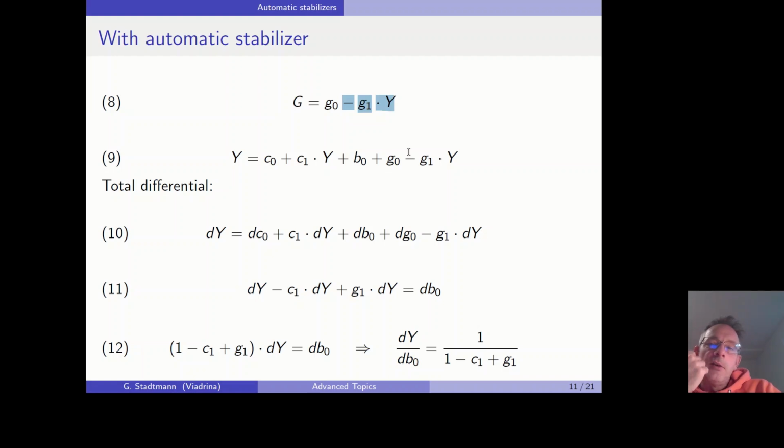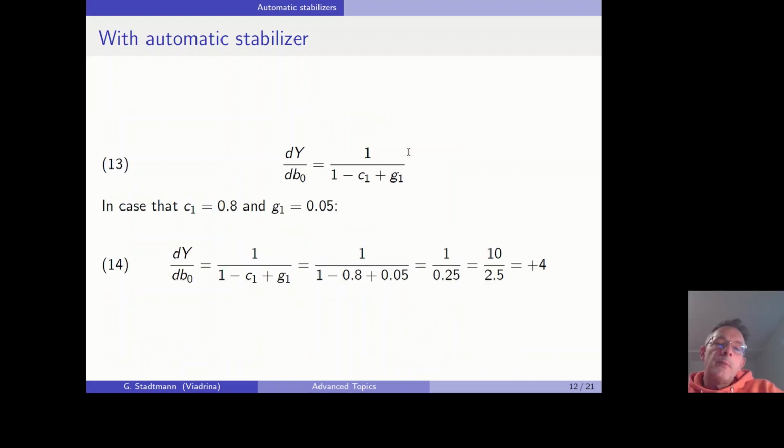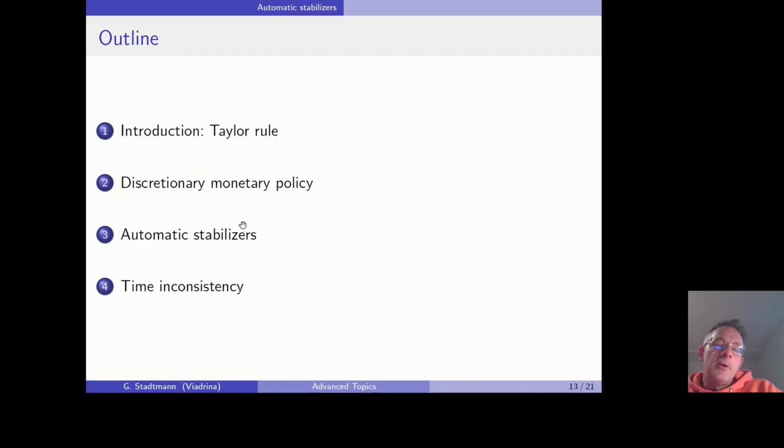So there is a clear benefit, and the benefit is that the negative goods demand shock has a smaller impact on GDP because the government automatically starts to increase welfare payments, or people have a kind of unemployment insurance, and therefore the effect on GDP is lower. So I have talked about this topic, automatic stabilizers.